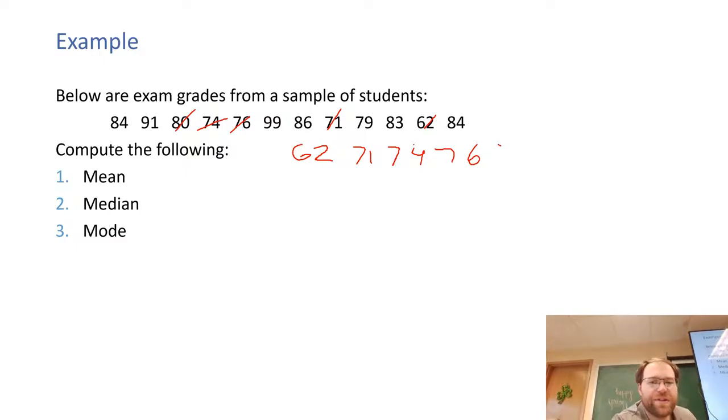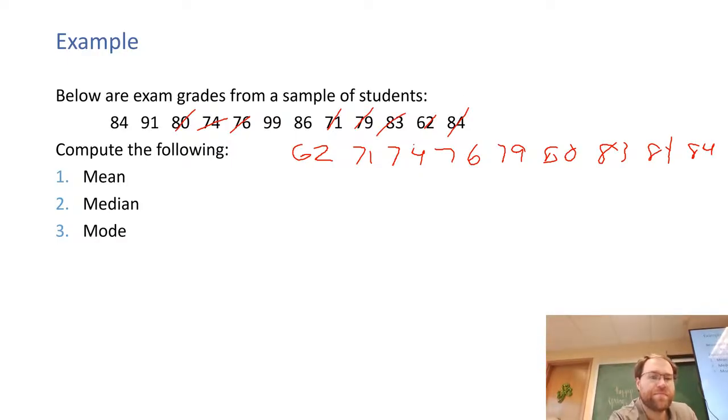So 79, then 80. Then we got 83, two 84s, 86, a 91, and a 99 in that order.